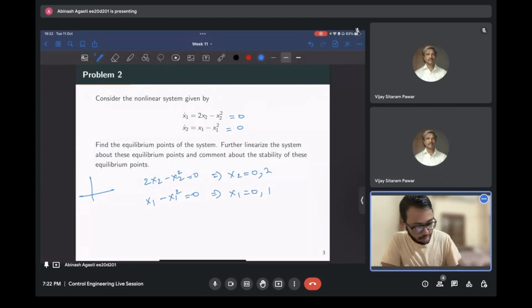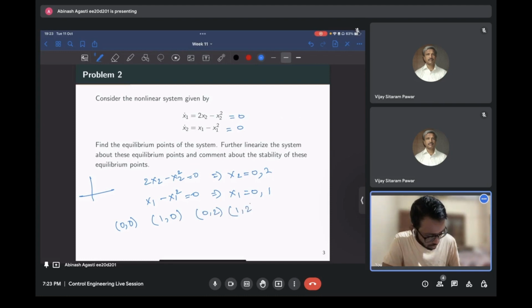See, (0, 2) and (0, 1), these things are solutions for f(x) equal to 0. But the equilibrium points are these: (1, 0). Right.